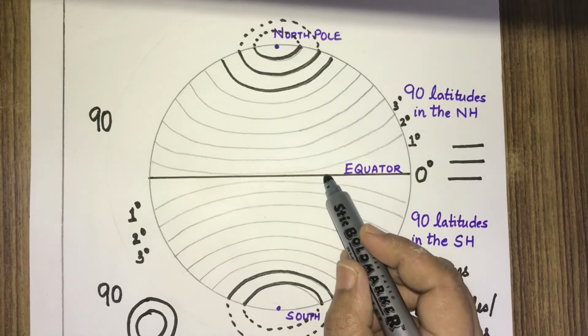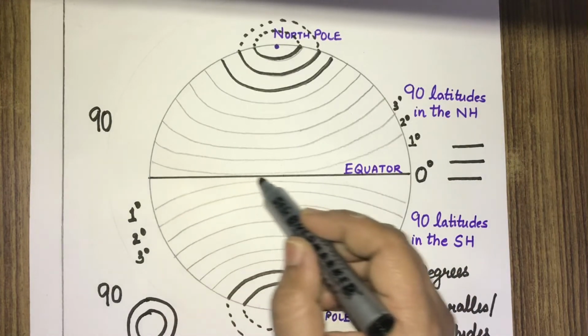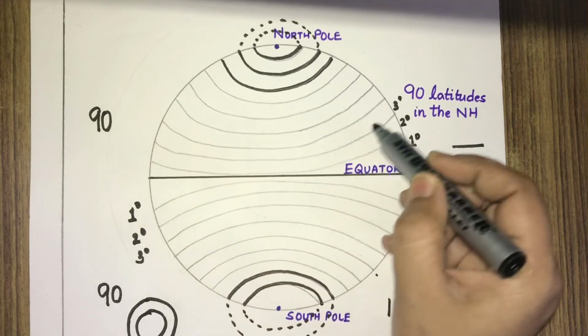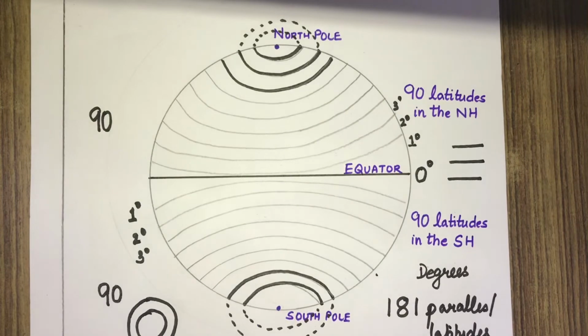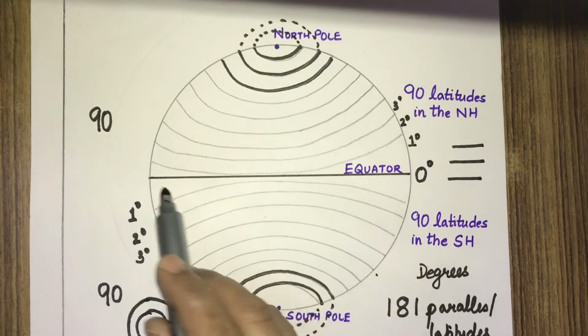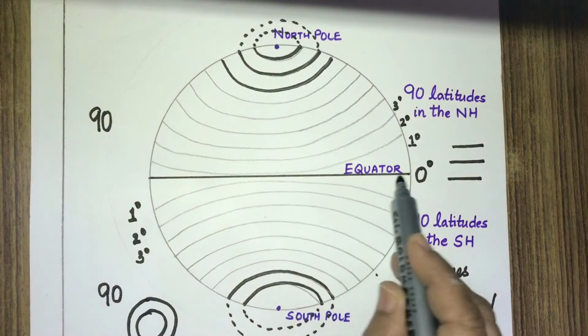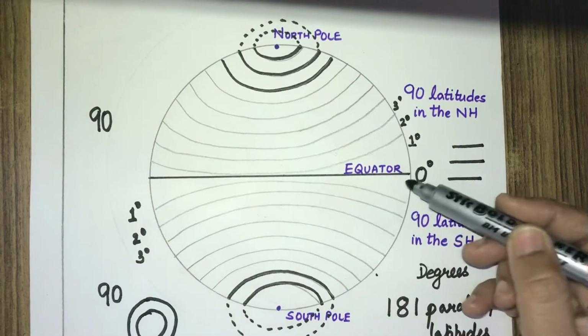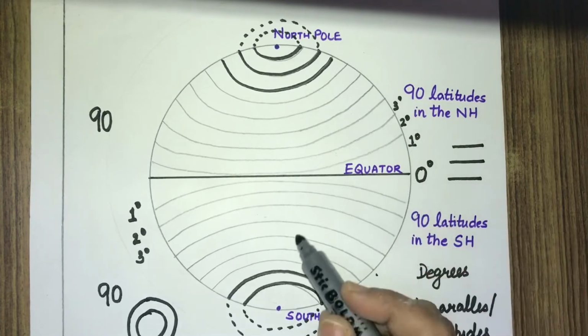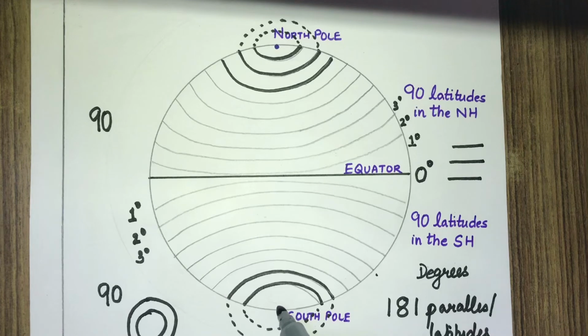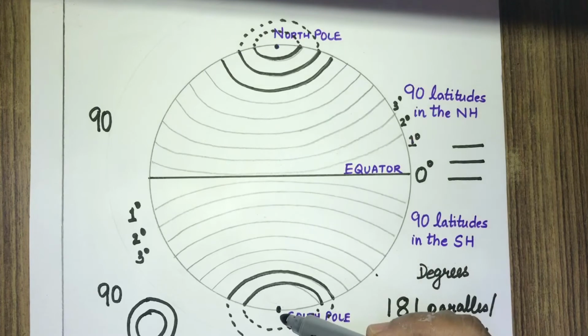And from the equator's point of view, the circumference of the circle keeps on decreasing as I move away from the equator. You will notice that the equator is the longest latitude, and as I move away, the size of the latitudes keeps decreasing. By the time I reach the poles, the circles are no longer circles, they are only points. So the North Pole and South Pole are only points.